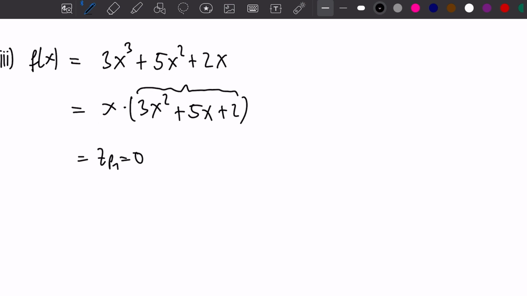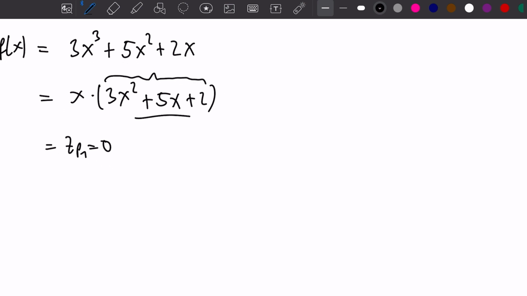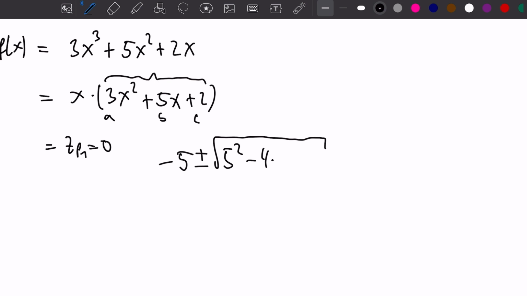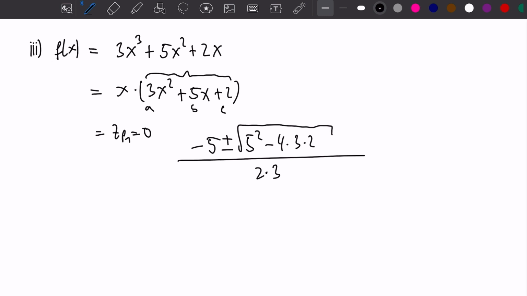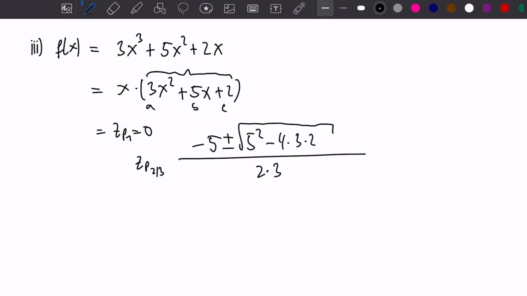So then we have to put this in the quadratic formula. So this is a, b, and c: minus 5 plus minus square root of 5 squared minus 4 times 3 times 2, divided by 2 times 3. This is our zero positions 2 and 3.